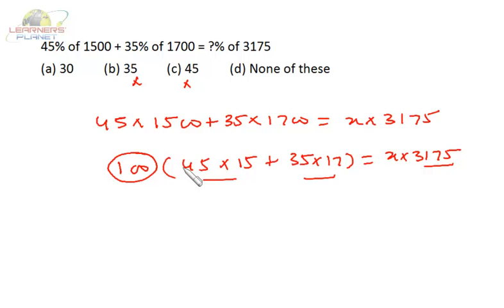Now we see the left hand side is a multiple of 100, and to produce the right hand side as a multiple of 100, we need to have even numbers. Okay, since 3175 is a multiple of 25, that means we are having two 5s over here, which are enough to produce two zeros. That means we should be having two 2s over here to produce two zeros, since the requirement is a 2, 2 and 5 combination to produce two zeros.